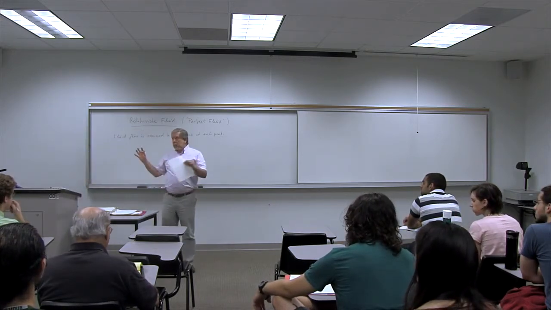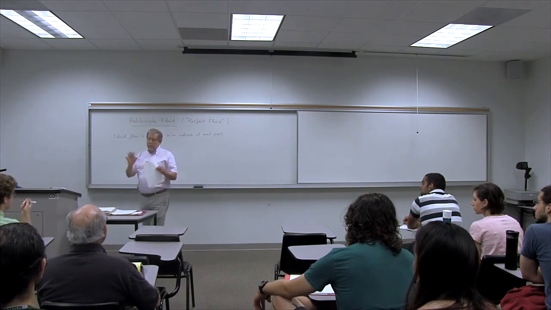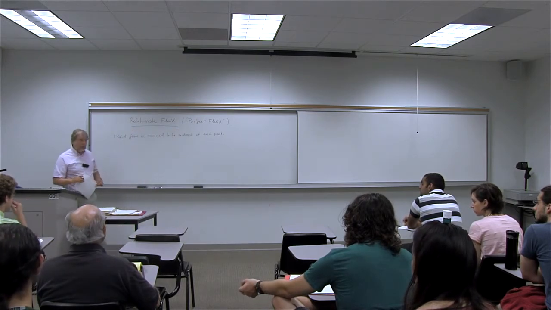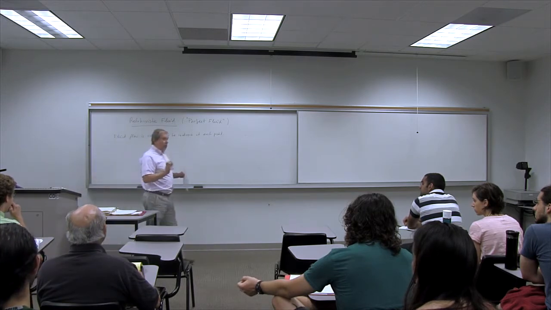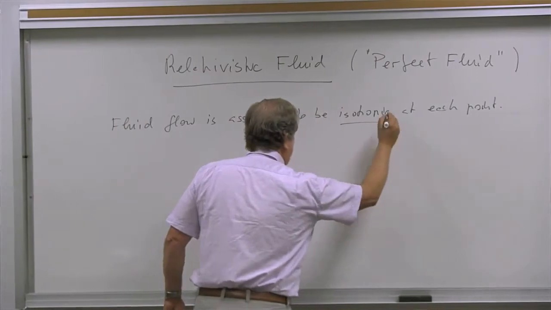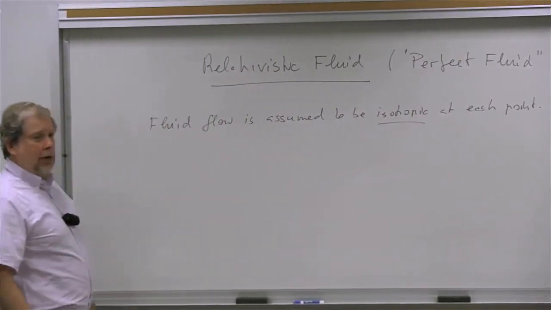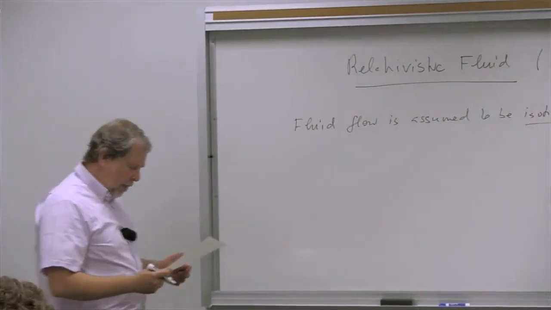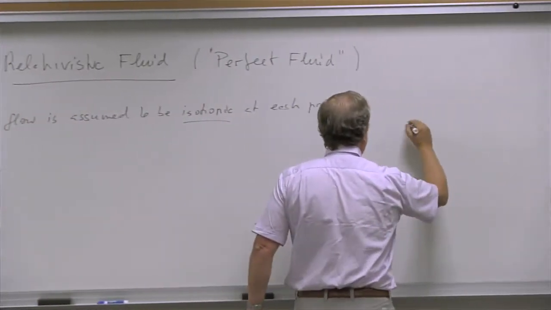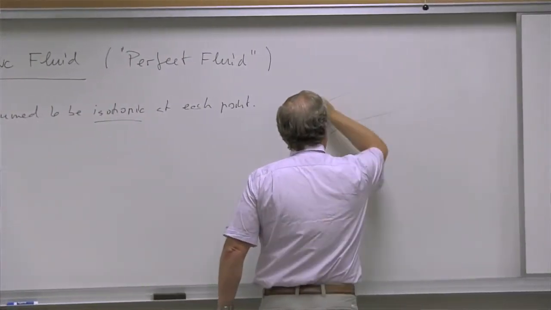It looks the same in all directions. Of course, the universe is not quite isotropic, but it is isotropic to a good approximation when you look at rather large scales. The assumption that it is isotropic means that it has a rather simple form for the energy momentum tensor. So let us look at this fluid.